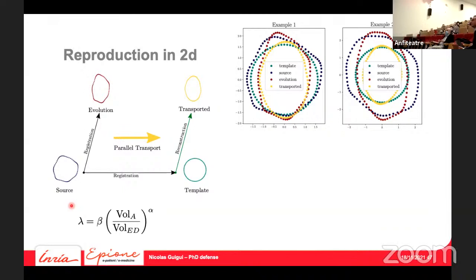There could be different answers, but a first intuition is that if the variability in the population is not that high, then because we're in a small neighborhood, the path could be close to a geodesic.